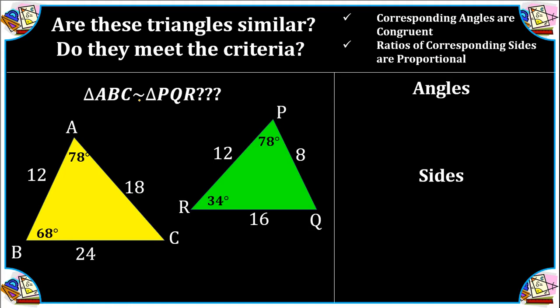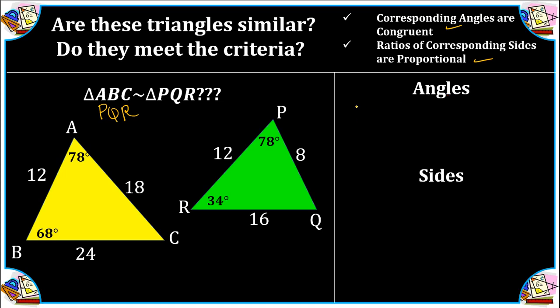So let's see if these triangles are similar. Again, I'm going to line up my corresponding parts, and let's see if we do have congruent angles and ratios that are proportional about the sides.